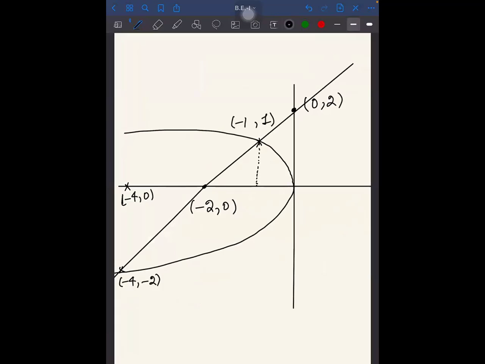So can you tell me the region enclosed between these two? Okay, so this is your region.